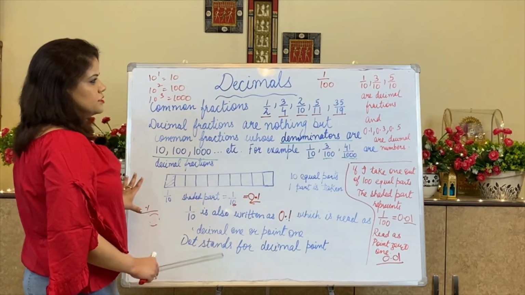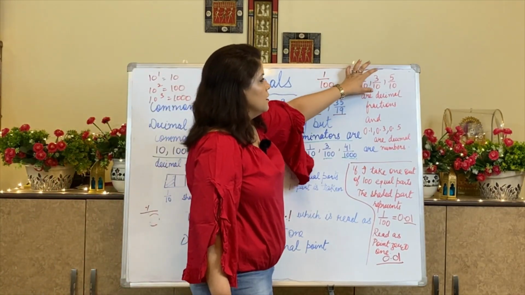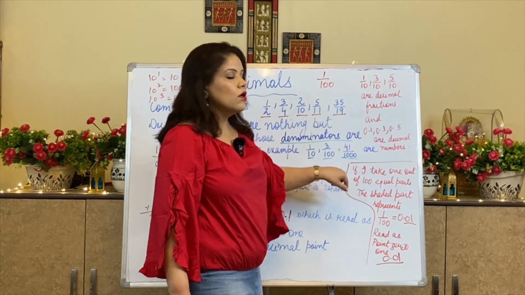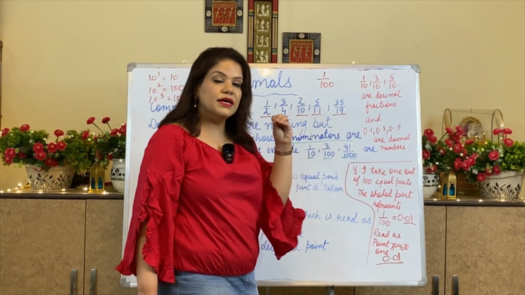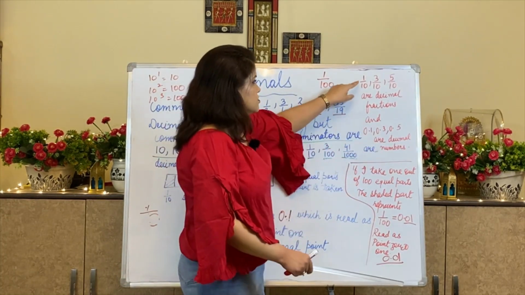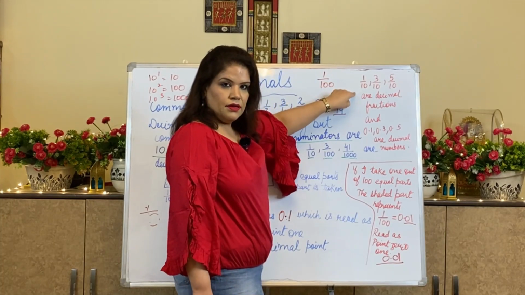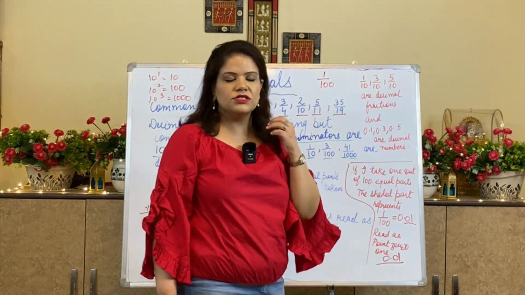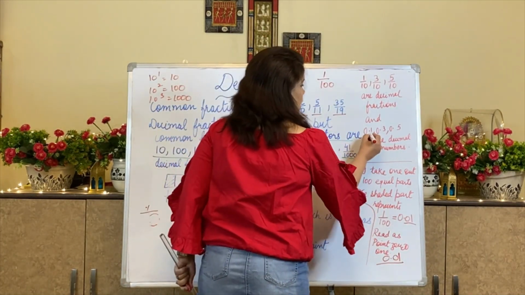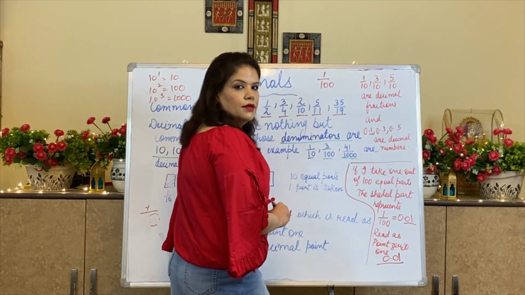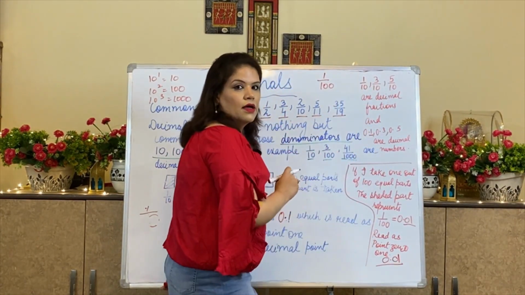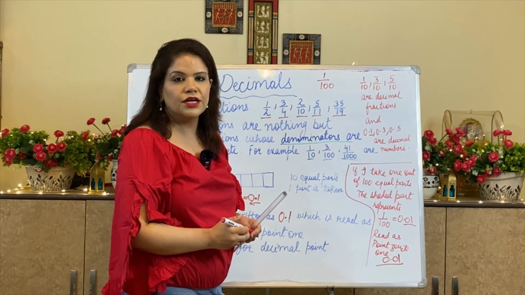Now in this case 1 by 10, 3 by 10, 5 by 10 are decimal fractions, and if I write them with a decimal point, they will become decimal numbers. Since it was 1 by 10, how many zeros are there in the denominator? 1 zero. So that means after the decimal I will write the numerator. Here I have 3 by 10. I have one digit in the numerator.